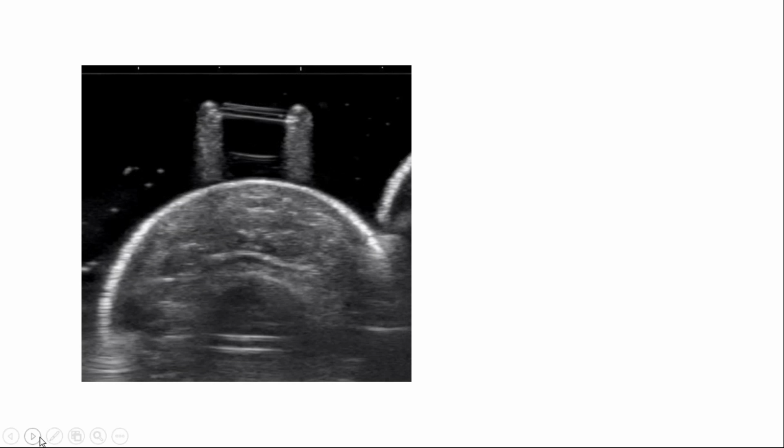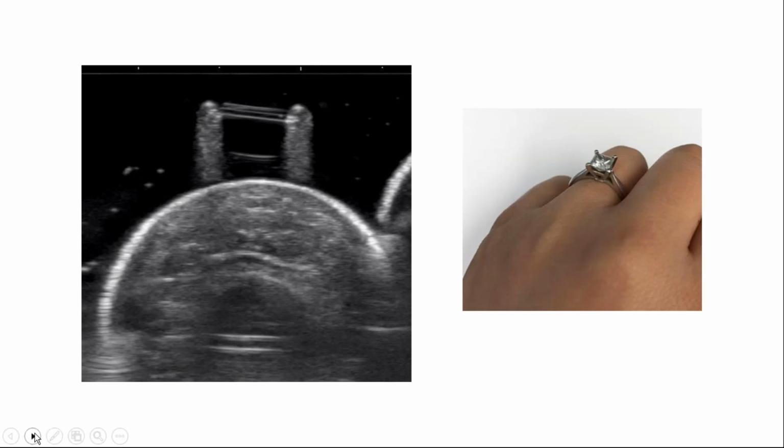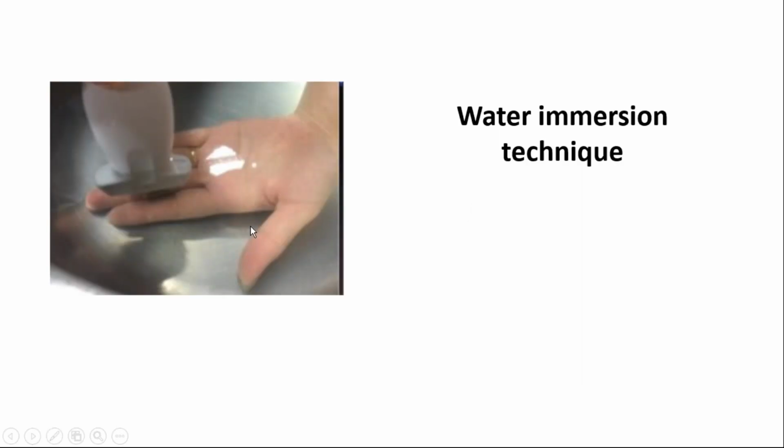Now, this is what you can do for very superficial structures. Like, let's say someone has a nodule between the PIP and DIP, and you're trying to image, but you cannot find it. It also puts your focal point at the correct level, which is sometimes hard with very superficial structures.